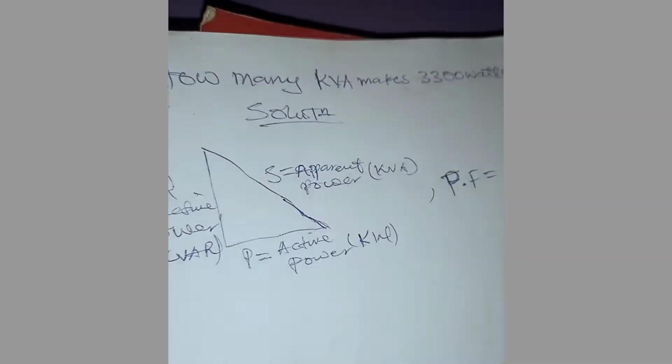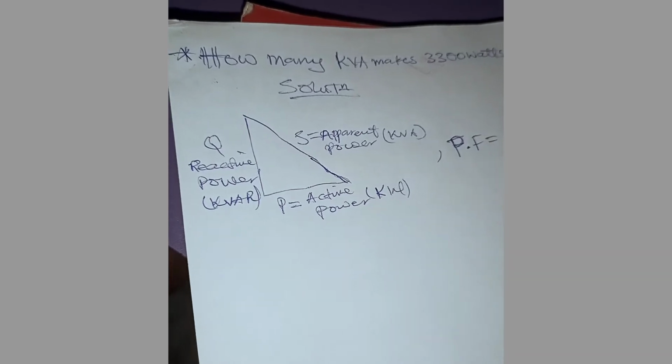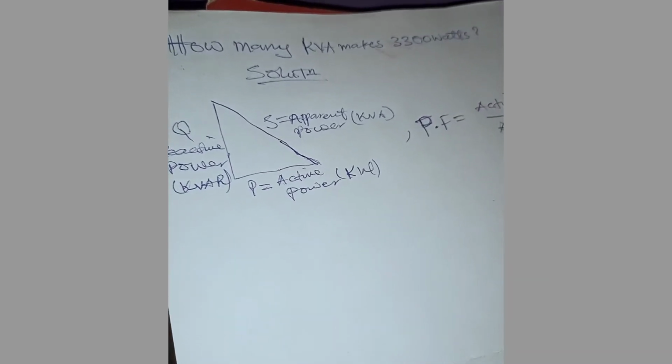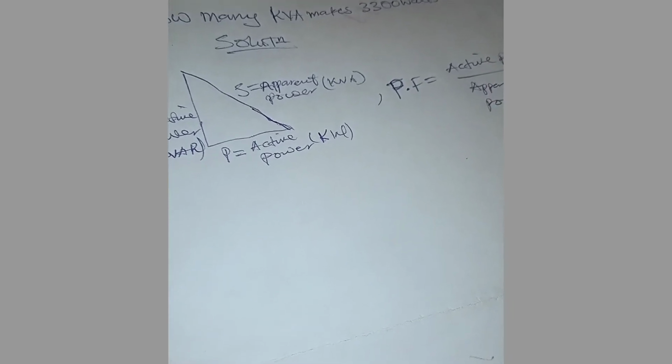Now, to solve this question, if you look at this question very well, what we are asked to calculate is how many KVA makes 3300 watts. To solve this question, I said earlier on that we are going to make use of the power triangle formula.